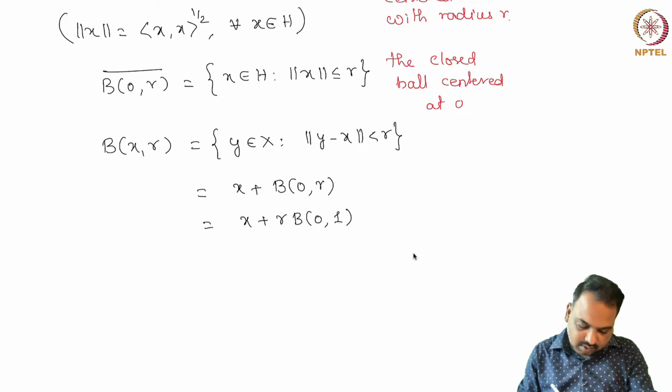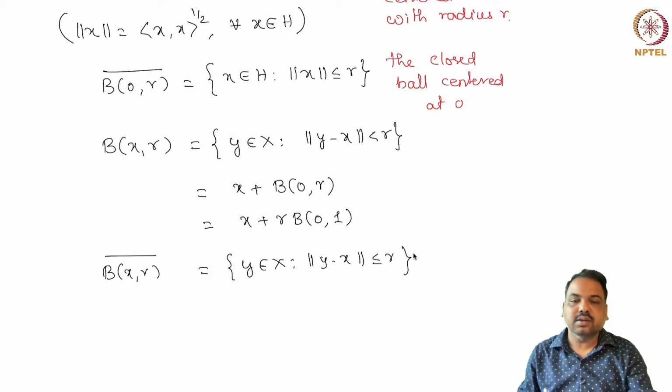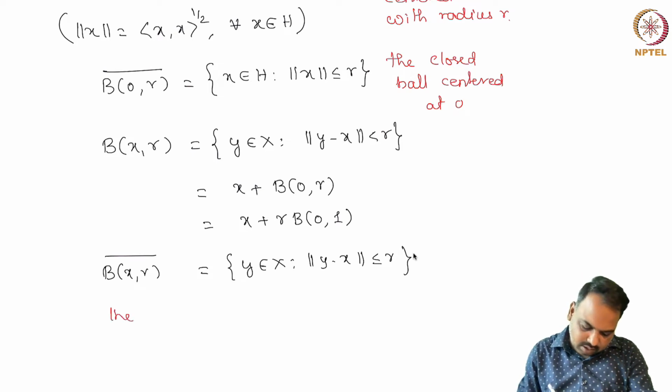Similarly, we can define the closure of B(x, r). This is exactly the set of all y in H such that the norm of y minus x is less than or equal to r. So this is the closed ball.